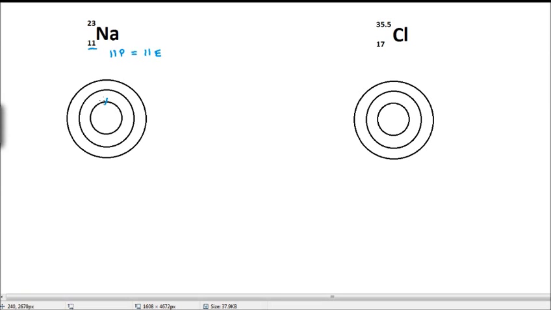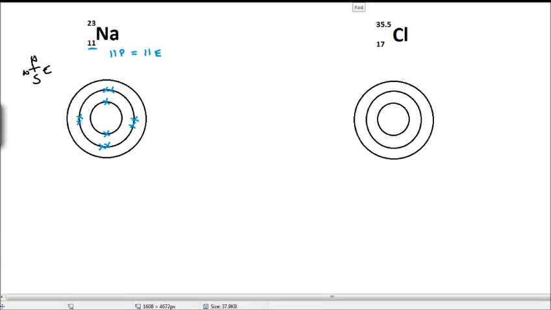We've got 2 in the first shell. Remember, that shell is now full, so we move up to the next one: 1, 2, 3, 4, 5, 6, 7, and 8. Remember, I'm drawing those on the line, on the north, south, east, west axes, so they're not just wherever I want them to go.